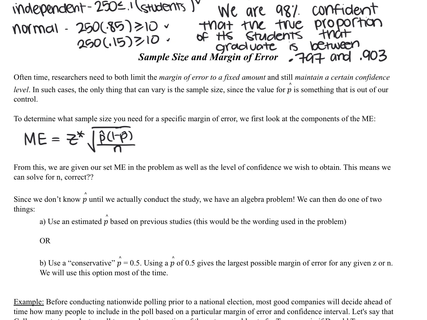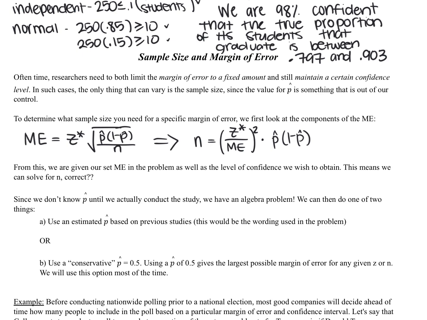And if I were to solve that formula for n, and I'm not going to go through the process, I would get n equals your z critical value over the margin of error squared times p-hat times 1 minus p-hat. So that's the formula we'll use to solve for the necessary sample size.